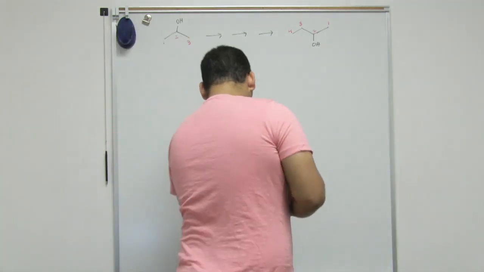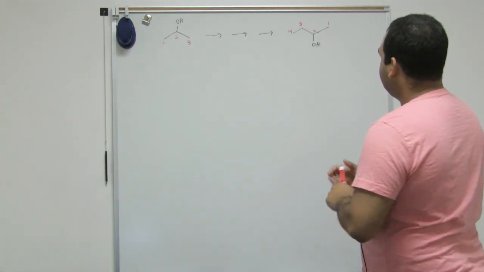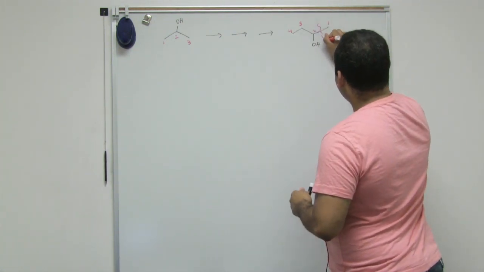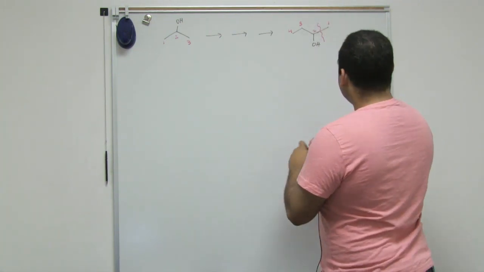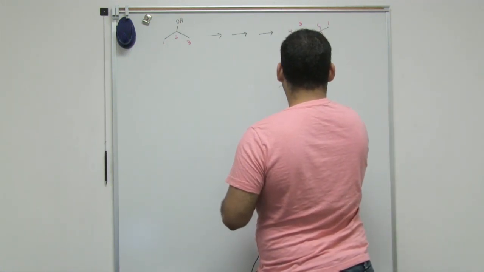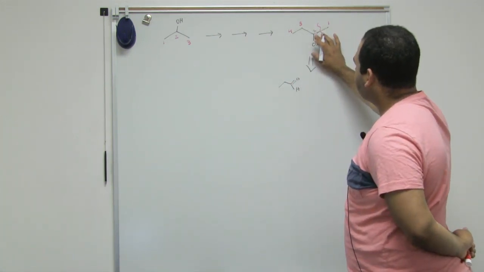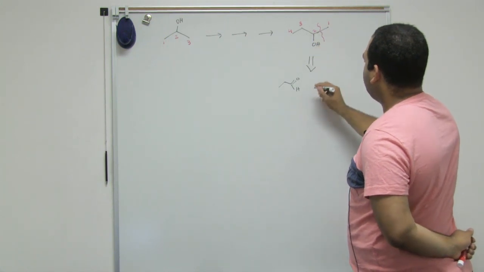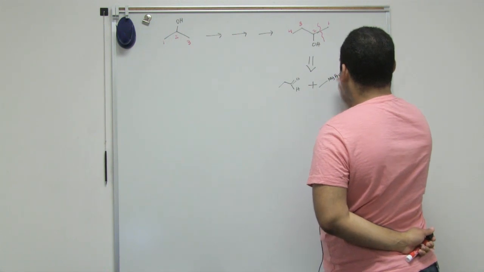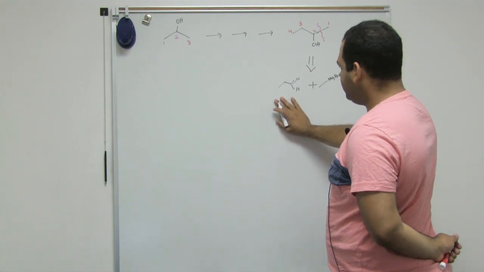So if I'm thinking about the first carbon-carbon bond connection, I can break it here and make this compound from an aldehyde. This is a secondary alcohol, so I know that it comes from an aldehyde plus a Grignard reagent. So the question now is, how can I make this particular aldehyde?